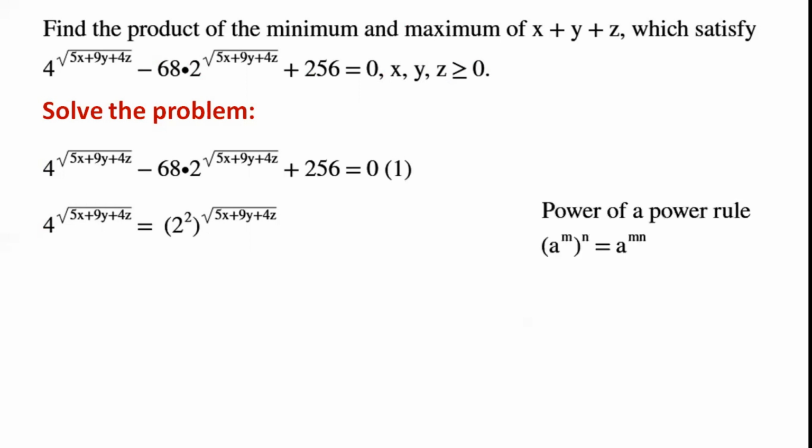The power of a power rule: a to the power of m, all to the power of n, equals a to the power of mn.